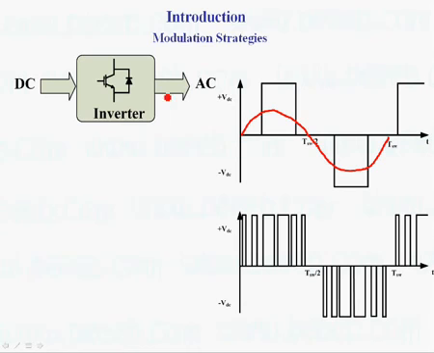For example, if we look at the output current for this type of voltage waveform, suppose that we have a resistive and inductive load. From here to here we can see that there is no current, and from here to here, because of positive voltage, we can increase the current, and from here to here, because the voltage is zero, the current through the inductor is discharged through the resistor, and then we have negative voltage, and again the current is decreased.